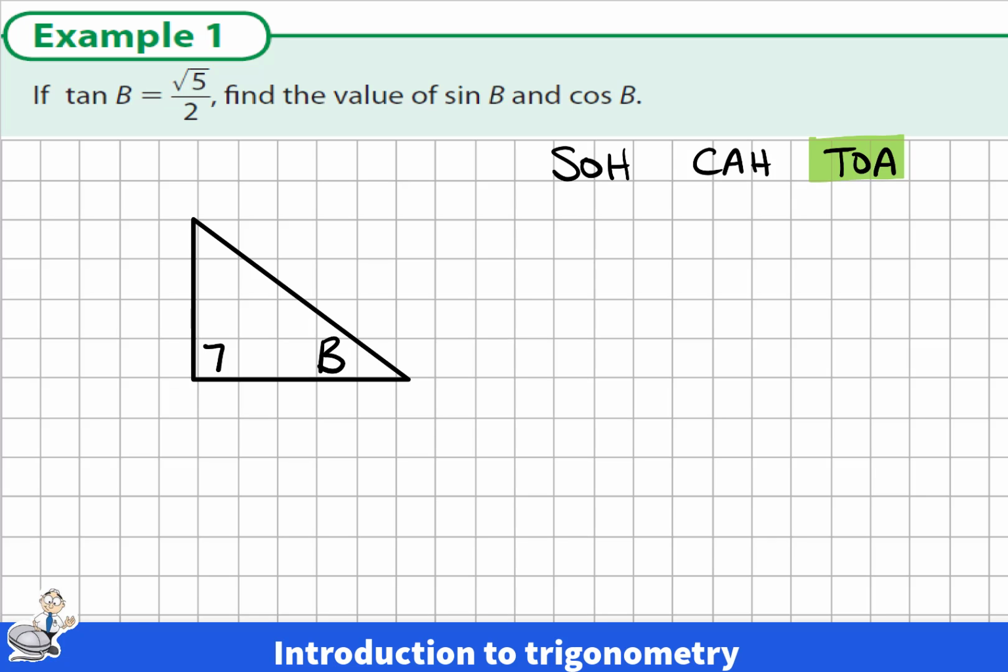In terms of the ratio though, in terms of my formula, what do these numbers root 5 over 2 mean, do you think? What does tan mean? Opposite divided by adjacent. That's exactly what it means.